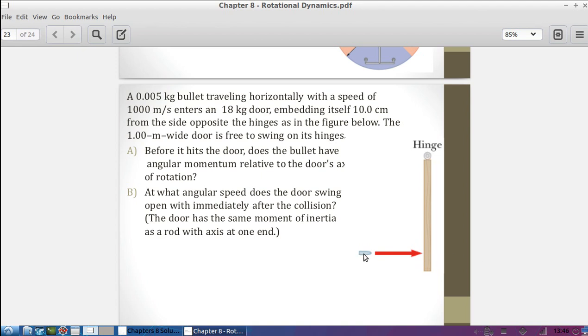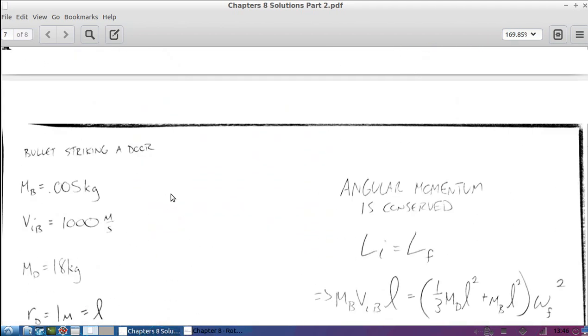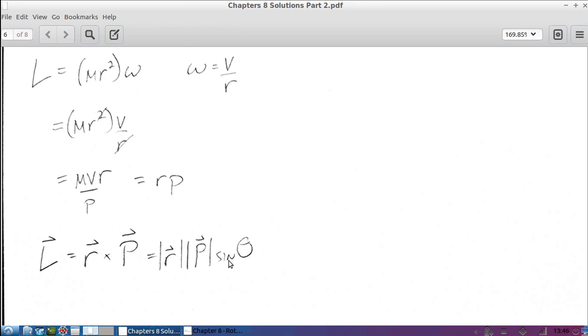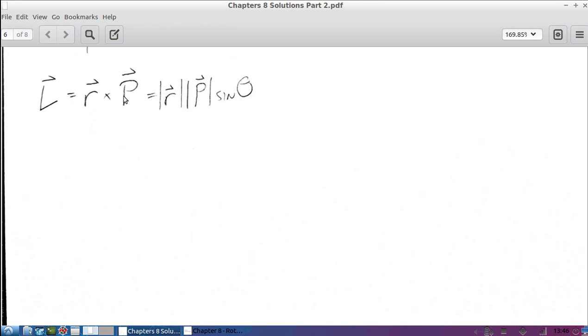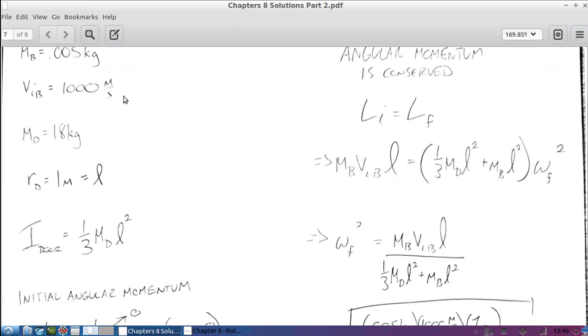I don't really care about what's happening before it strikes the door, but the instant it strikes the door, its r vector and p vector are perpendicular. So this sine theta I don't have to worry about in this case. It's just r times p, the magnitudes.